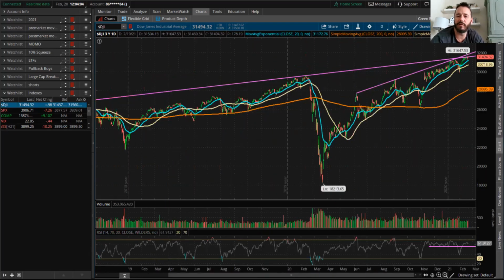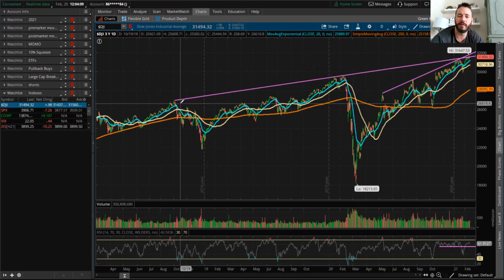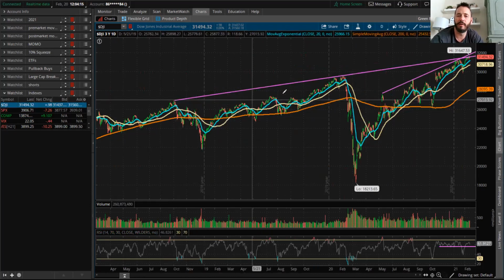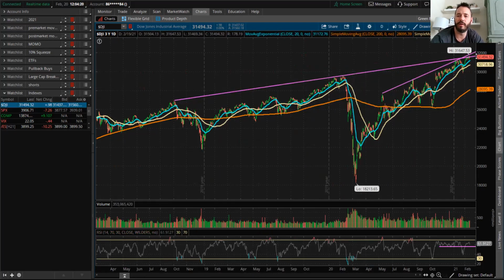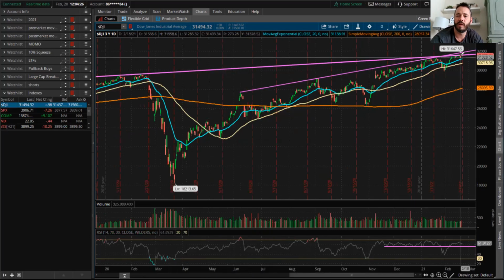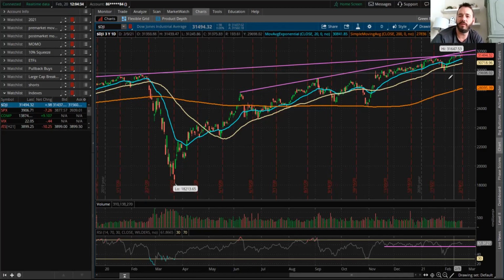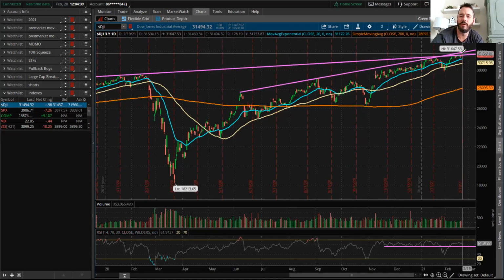How did I get these trend lines? If you pull back, starting in 2018, I drew a trend line from the top here. It hit the top here, and then we hit the top basically here. So what that would suggest, right? If you were going to try to predict the future, is that once we make new highs, if we hit this top long-term trend, that we might correct or we might pull back.